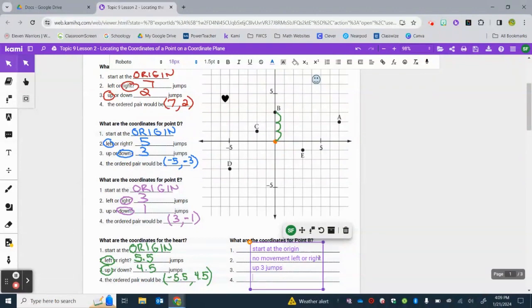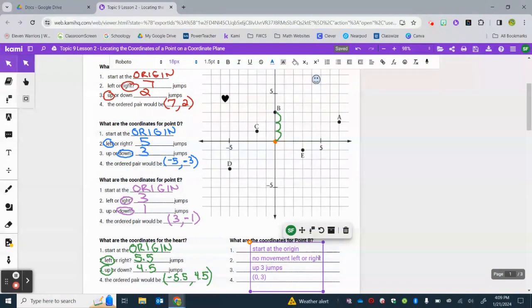And then we can make our ordered pair based on these movements, right? Again, no movement left or right. To show no movement as a number, we would say that there was a 0 movement. So there's 0 movement on the x. And then since we went up 3, that is going to be a positive 3. So point B is located at 0, 3.